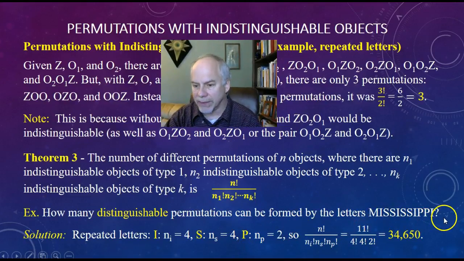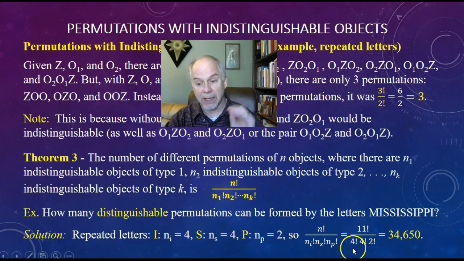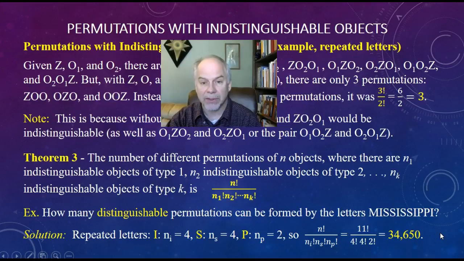So there's a total of 11 letters, but we have to divide by 4 factorial for the I's, another 4 factorial for the S's, and 2 factorial for the P's. Okay, and so it's not just 11 factorial, it's 11 factorial divided by those quantities. And so it comes out to be 34,650 possible arrangements or permutations of the letters in the word Mississippi.